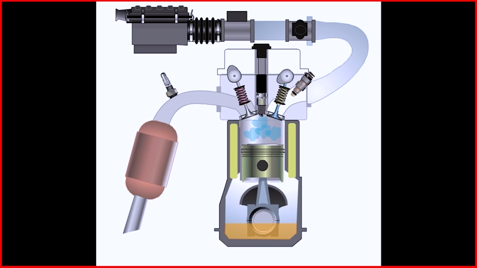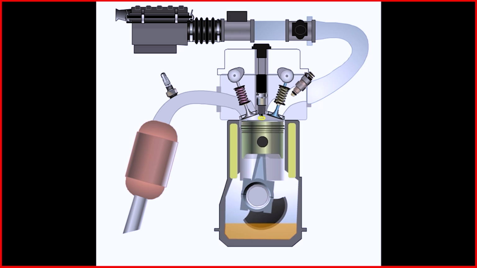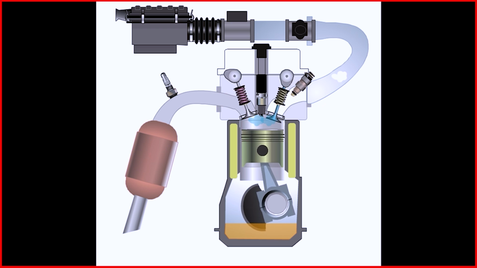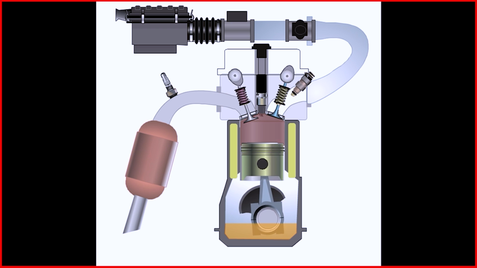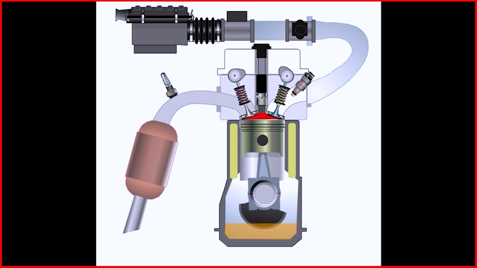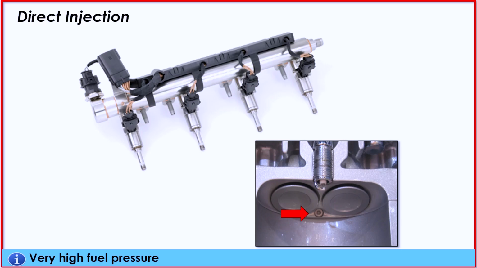Now these injectors are delivering the fuel directly into the intake manifold itself. And so when the intake valve opens up, it's going to draw in air, it's going to draw in this fuel, and blend it to create the mixture, which will later be combusted inside the combustion chamber. So we've got much better control at this point, but still not perfect.